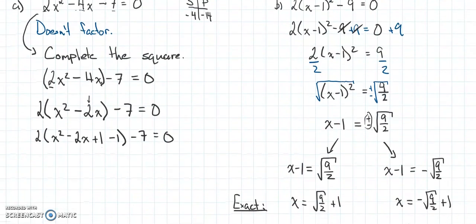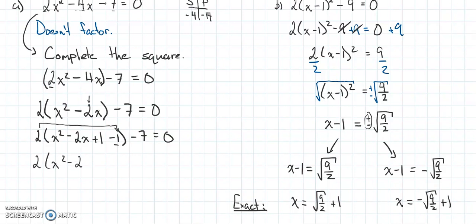And then we want to take this last term outside the bracket, so we need to multiply it by the coefficient a. So that would be 2x squared minus 2x plus 1 minus 2 minus 7 equals 0. And then the final step is to factor this trinomial, which will always factor as a perfect square.